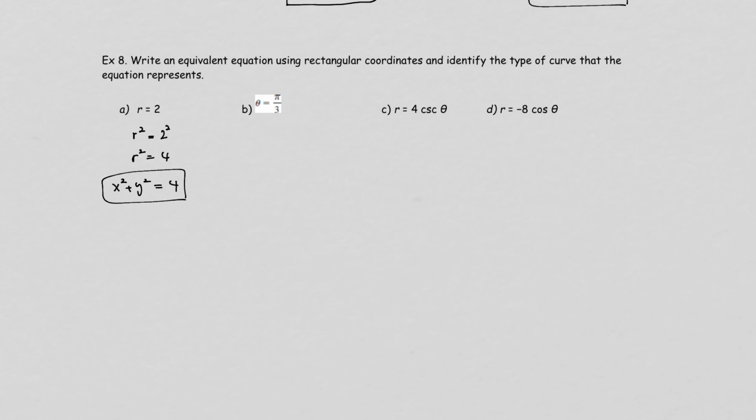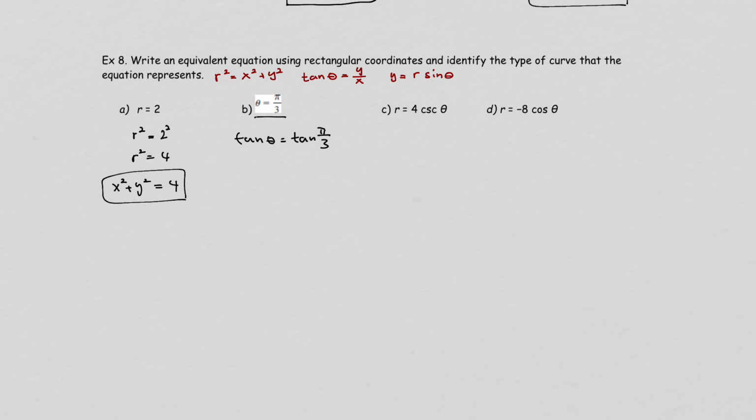What about B? So B, you have theta equals pi over 3. So we're going to use tangent on this. So tangent theta could be the angle. So it will be tangent pi over 3 in this problem.